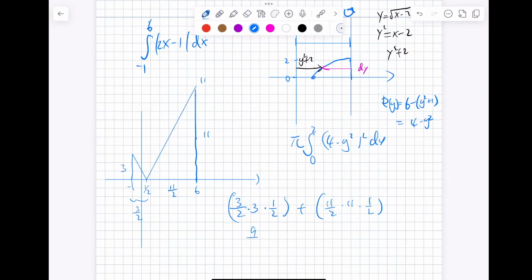So that's going to be 9/4 plus 121/4. That's equal to 130/4, which is 65/2, which is definitely 32.5. Is that okay? So you can find out this.